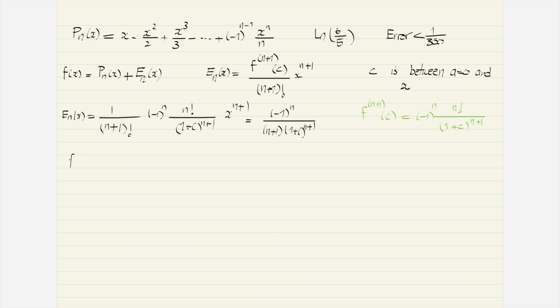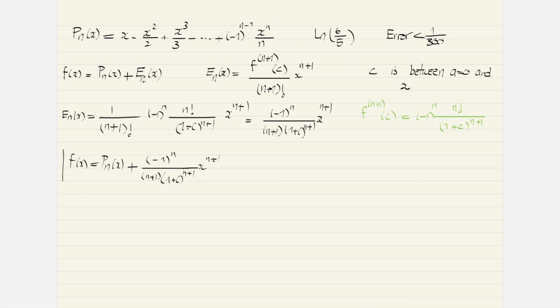So f of x becomes equal p sub n of x plus the error term, which I calculated to be this one. Oh, sorry, I forgot to write x to the power of n plus 1 here, yes? So I simplify this expression, I got this, and then I have an x to power n plus 1, which I write it here. So if I put it back there, it becomes minus 1 to power n divided by n plus 1, and then I have 1 plus c to the power of n plus 1, x to power n plus 1.